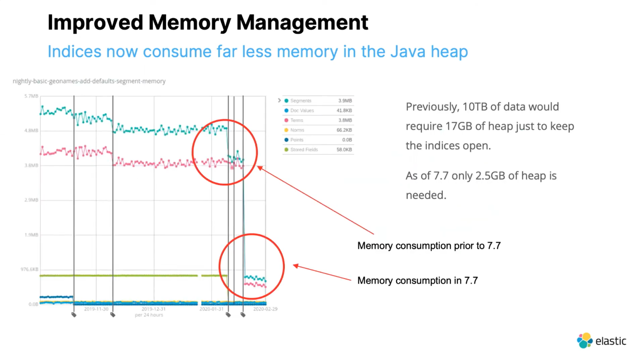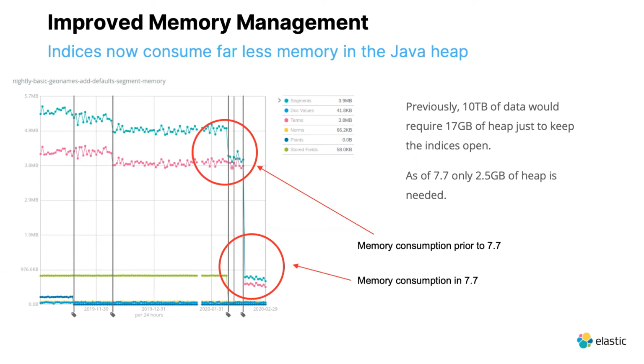This is a great graph showing exactly what happened. This graph is available on our public site, benchmarks.elastic.co. It shows before 7.7 and after 7.7, the memory consumption in the Java heap for an index. Previously, if we wanted to manage 10 terabytes of data in Elasticsearch, it would require about 17 gigabytes of heap just to keep those indices open.